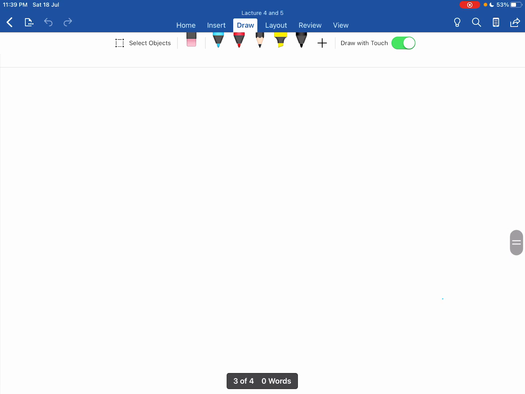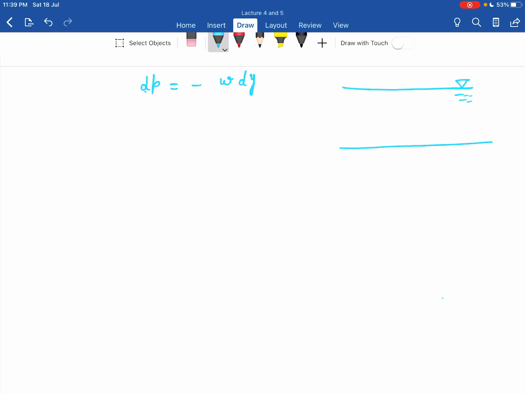So now from the hydrostatic law, dP is equal to minus W dy. Say we have this fluid, this is the bottom, and if we consider 2 points in it, this is point 1, this is another point 2.